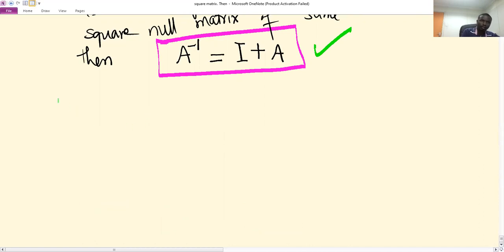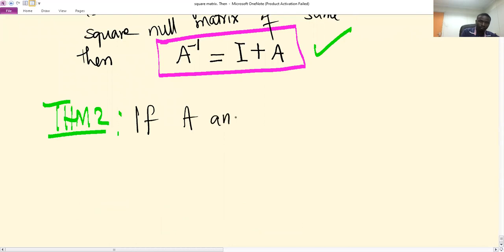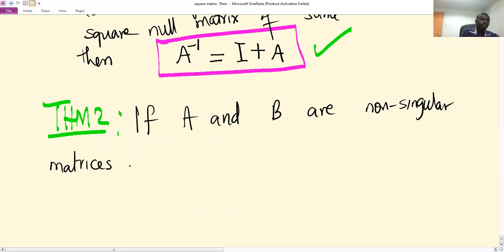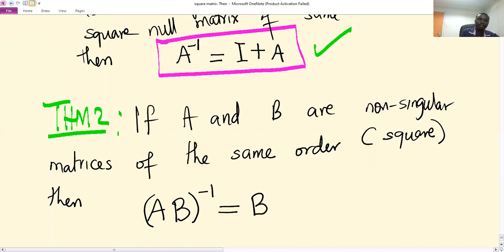Theorem 2: if A and B are non-singular matrices of the same order, and actually all of them are square matrices, then the inverse of the product AB is the same as changing the order of multiplication when defining the inverse.